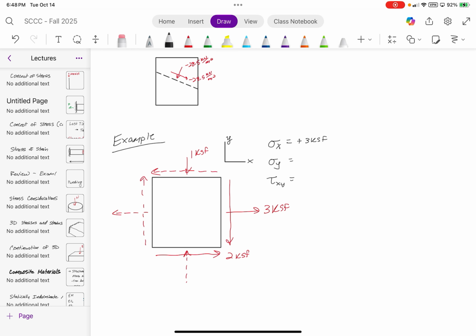What about sigma y? -1 KSF. Yep. Now here's a tricky one. What about tau xy?